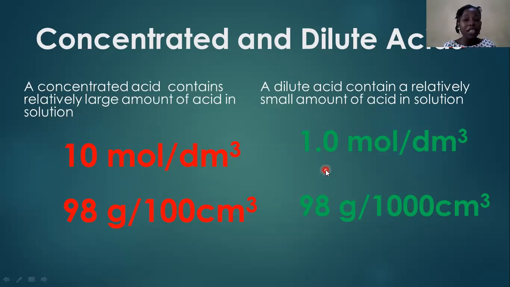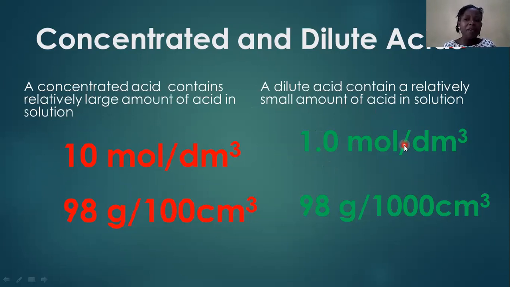Now I need to mention here that a strong acid will be a strong acid whether it is concentrated or dilute, while a weak acid will always be a weak acid whether it's concentrated or dilute. Meaning that if you have 10 mole per dm cube of H2SO4, it is concentrated, while 1.0 mole per dm cube of H2SO4 is a dilute strong acid.